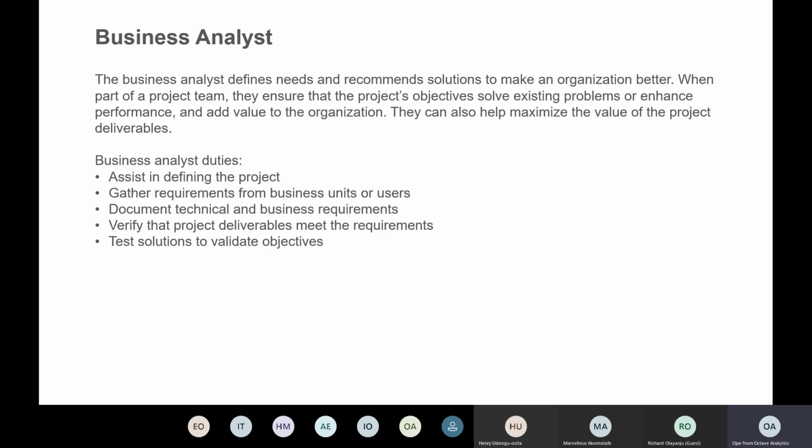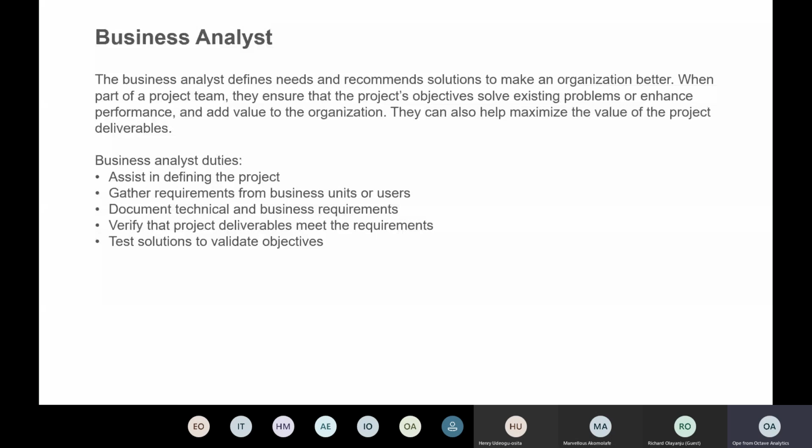So your business analyst is like your first hand representative for eliciting information on questions that clients are willing to solve with data analysis. So they are very, very important.